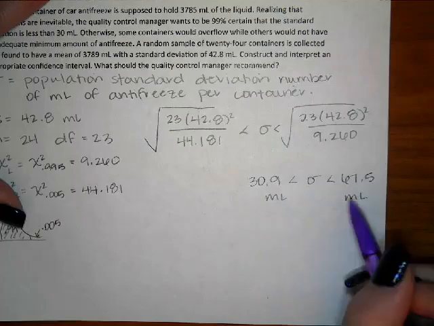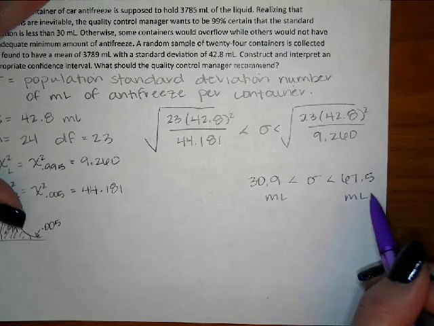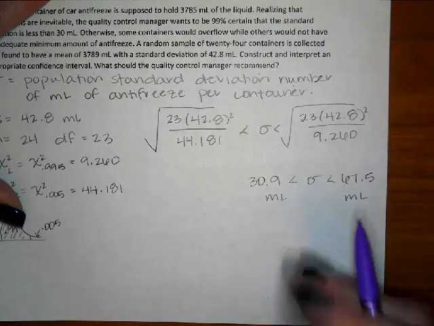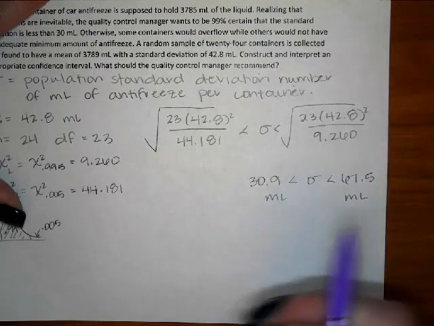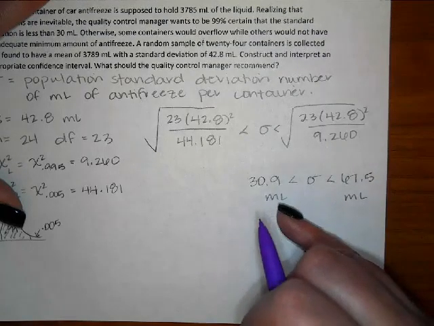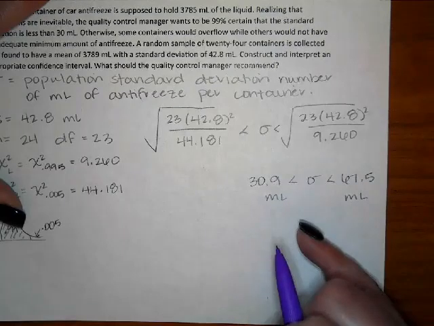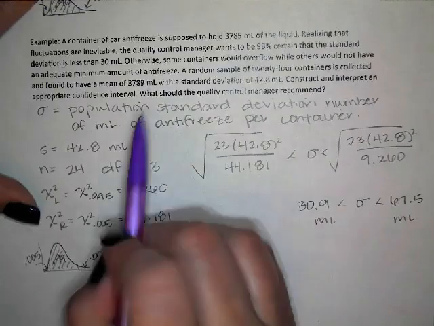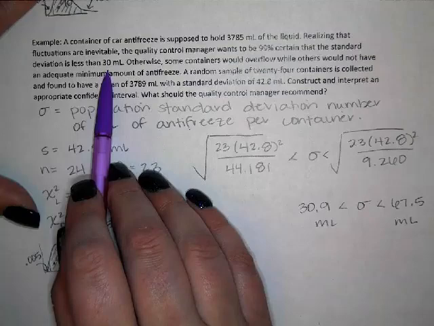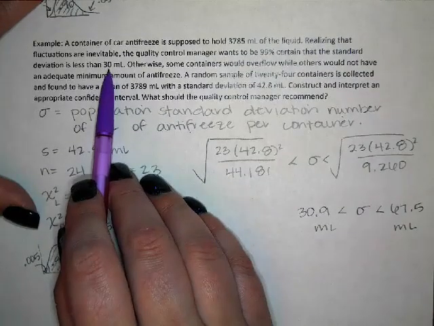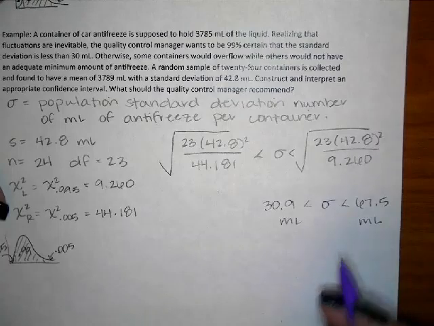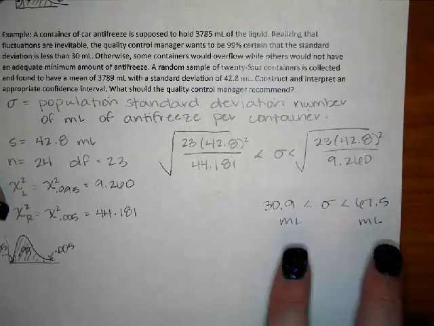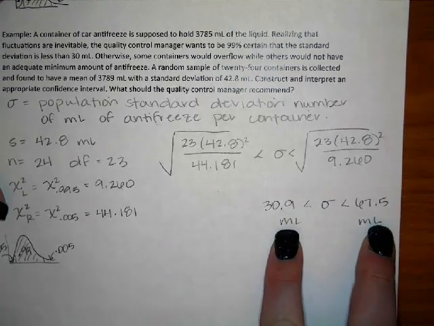And this is talking about the standard deviation, or how much the amount in the container deviates from one another. So the quality control manager wanted there to be less fluctuation between containers, less than 30 milliliters. What we just found is that we're 99% confident that that deviation is actually between 31 milliliters and 68 milliliters. It deviates a lot more, which means that these containers are inconsistently being filled.